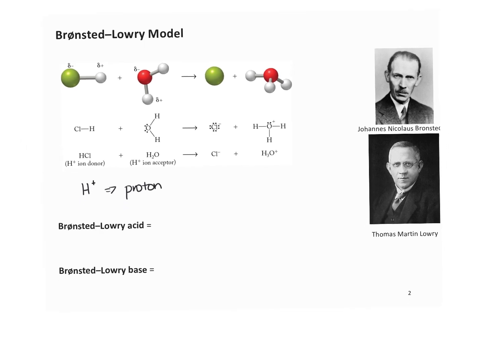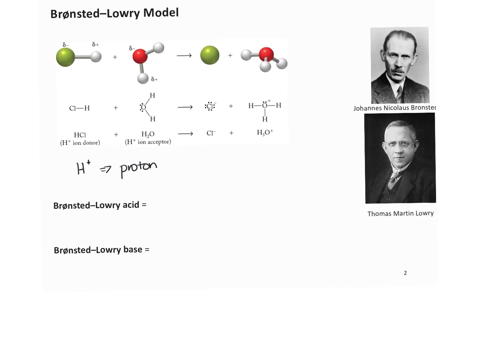All right. And so what we have is an acid is a proton donor. So it will give away its proton. So the acid must contain an acidic hydrogen. Now, how do we identify if there's an acidic hydrogen? Most of the time, acidic hydrogens are drawn in front of the molecule like this.